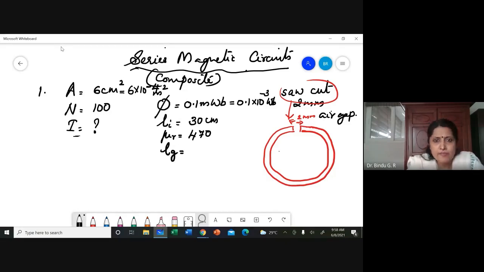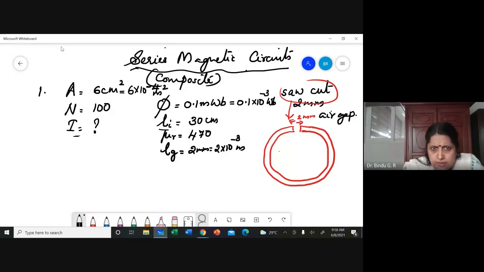Length of air gap is 2 mm, which I can write as 2 into 10 raised to minus 3 meters. Any doubt? Because they have cut through the iron ring, you get an air gap there, only so small. Though I have drawn it bigger, it's just 2 mm.